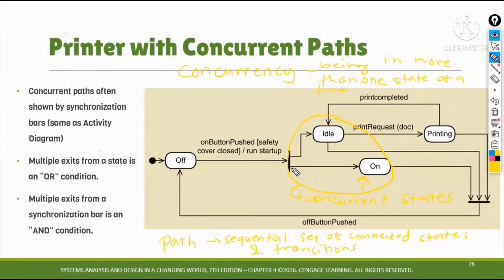When a state has two transitions that exit that state, it is considered an OR condition. In other words, the path for the object follows only one transition. Meaning, it cannot be both.